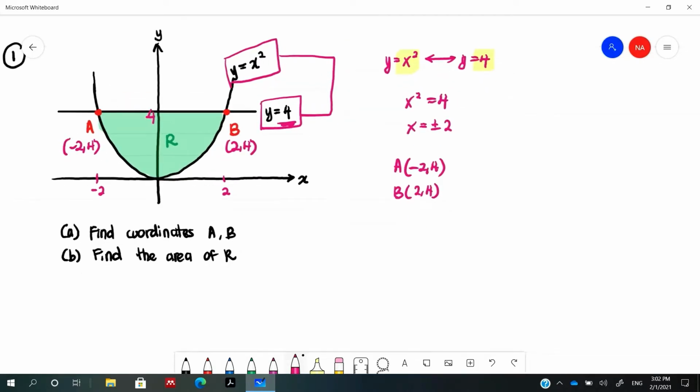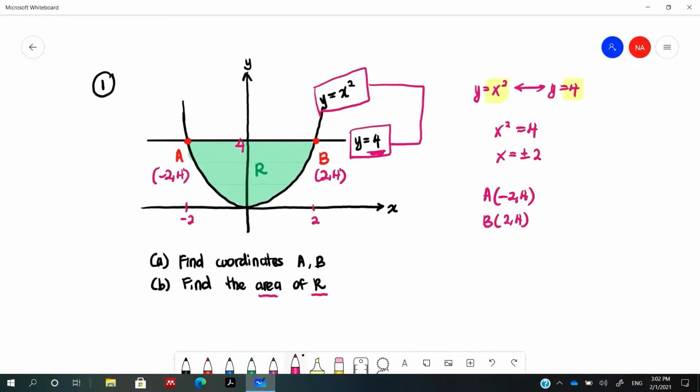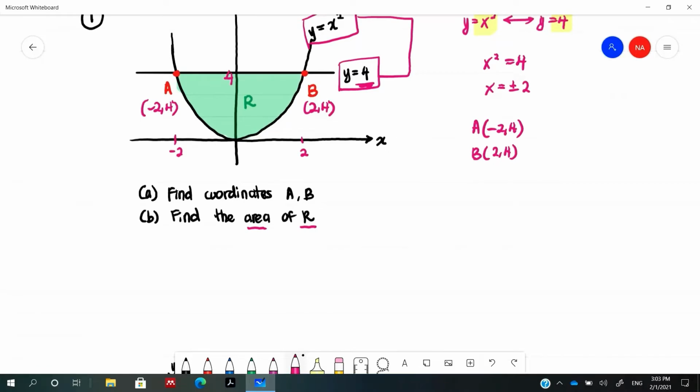Now we have to find the area of that region R. We should note that the upper part is given by y equal to 4, and the lower part is y equal to x squared.